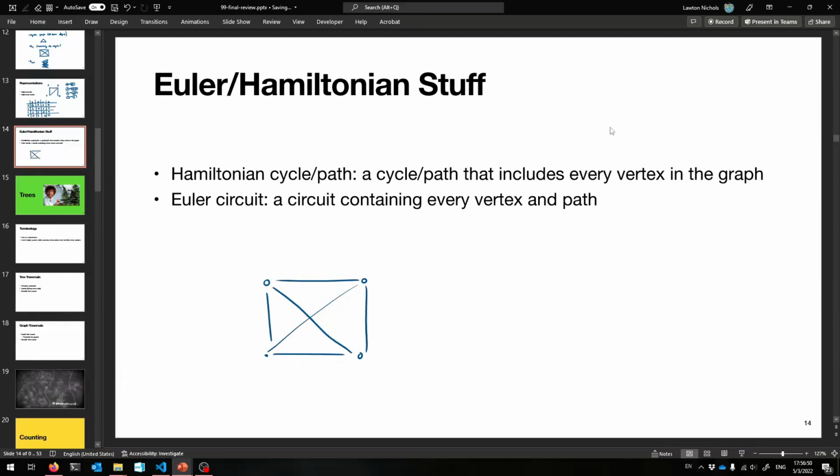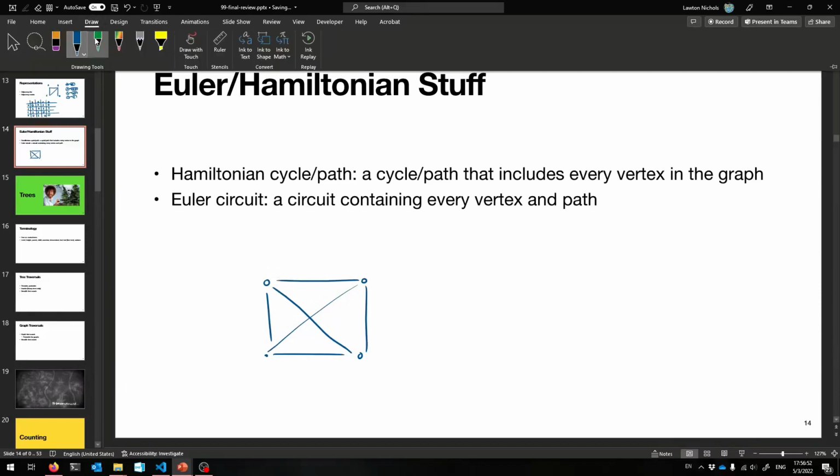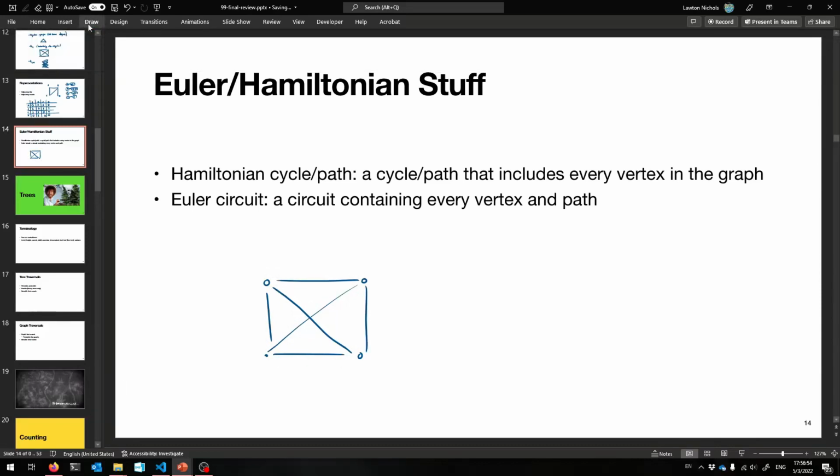There is a Hamiltonian path in this graph that looks like this, right? Just go here, then go here, and follow this edge, and this edge, and then this edge, and that's a Hamiltonian path. You can also make it a Hamiltonian cycle and go back to the start. See that? So that exists, that's a thing.